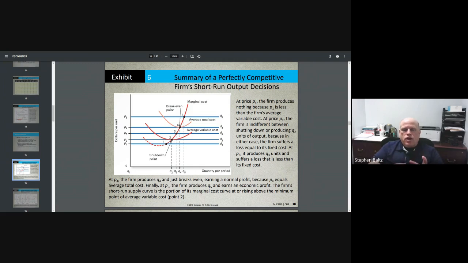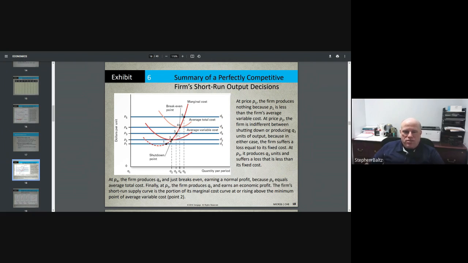So again, as long as your price is above average variable cost, you're going to go ahead and produce at a loss in the short run. Because at that point, you're making back all of your variable costs plus a portion of your fixed cost. All right. So basically, the space between average variable cost here and your average total cost is your fixed cost.